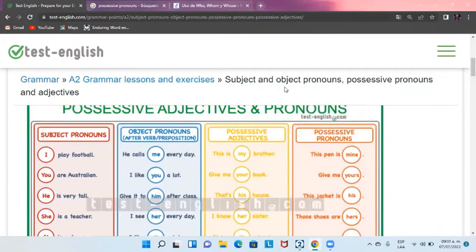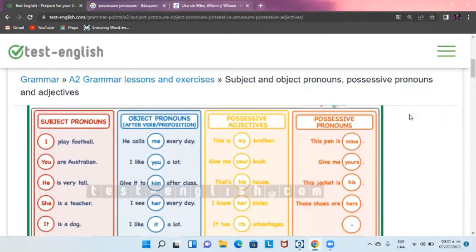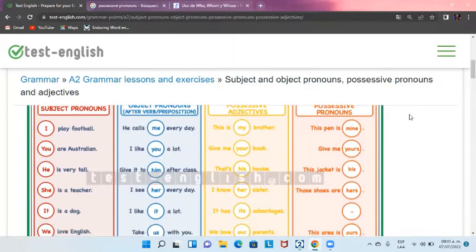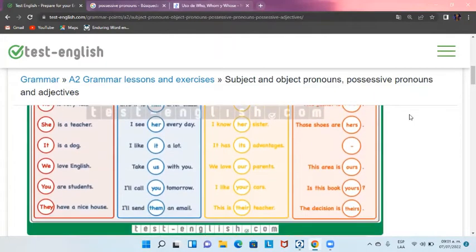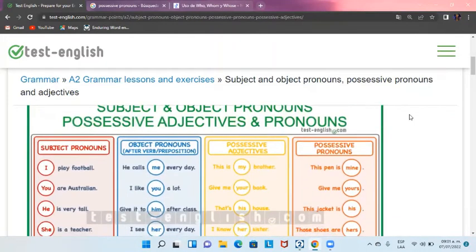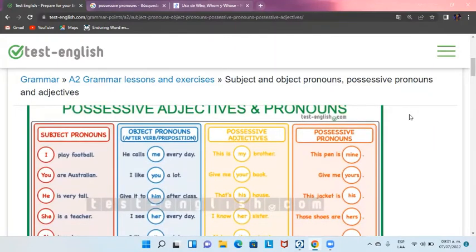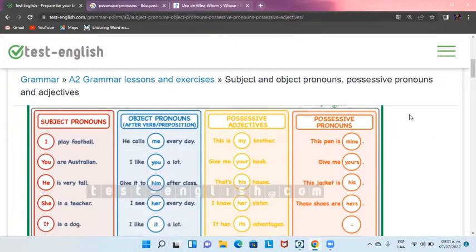Y después tenemos, then we have our possessive adjectives. Tenemos los adjetivos posesivos y tenemos también los pronombres posesivos. Aquí sí tenemos que ver la diferencia porque es el tema de hoy. El día de hoy nos vamos a tocar lo que son possessive pronouns. Here we have the possessive adjectives.